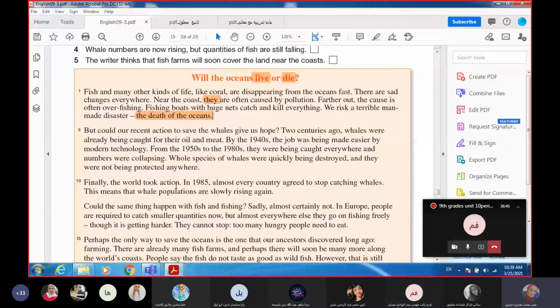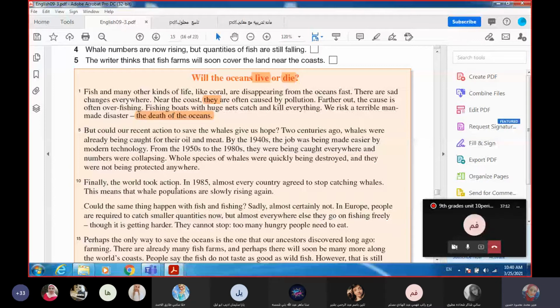Okay, now this change for the oceans, the pollution and overfishing, made a problem, and they thought to take action to save the ocean. What did we do? There was something done to save whales' lives.